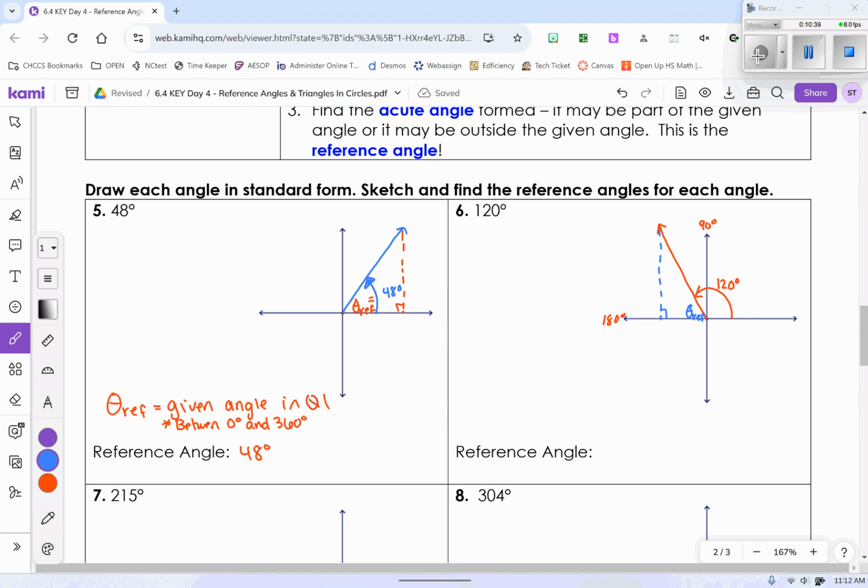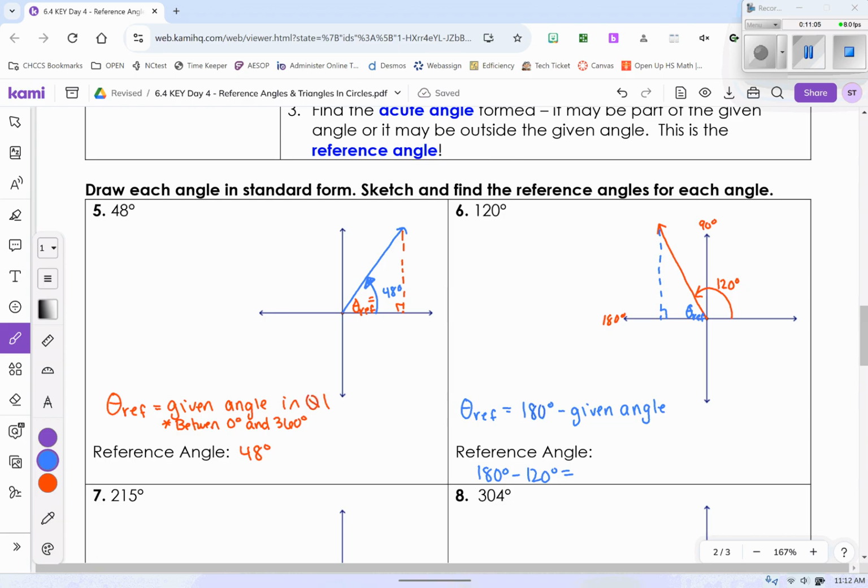So in order to find it when we're in this quadrant, the reference angle is going to be equal to, so we have not gone past 180 degrees, so it's going to be 180 degrees minus the given angle. And again, that's if we're between 0 and 360. So in this case, we would have 180 degrees minus 120 degrees.